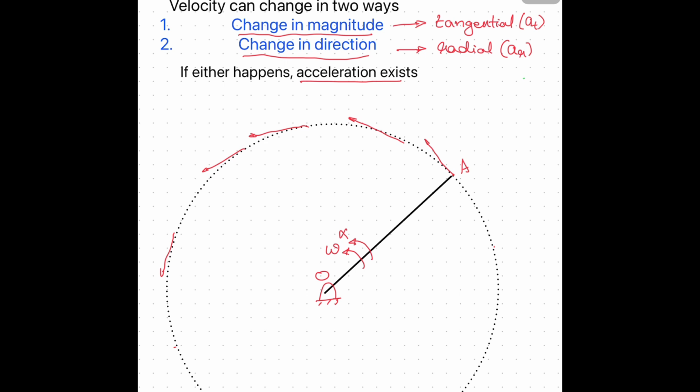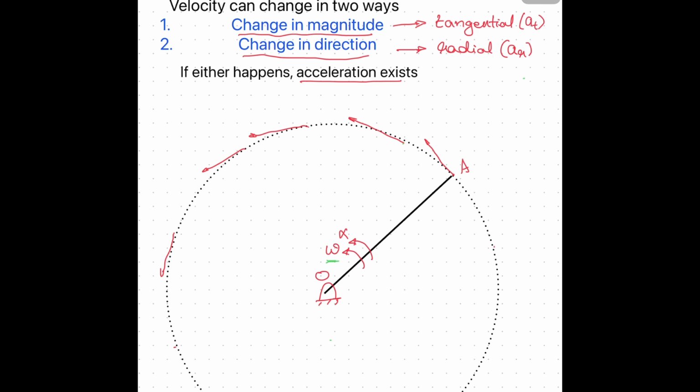Now, if omega is constant, is the velocity changing? Yes. The direction of velocity is continuously changing.